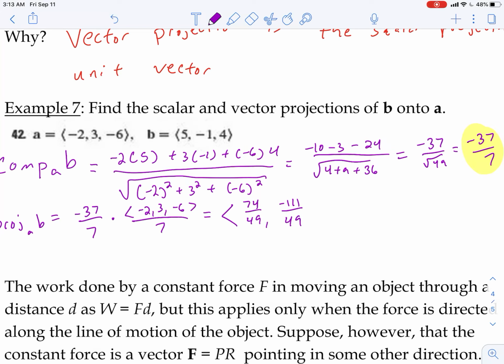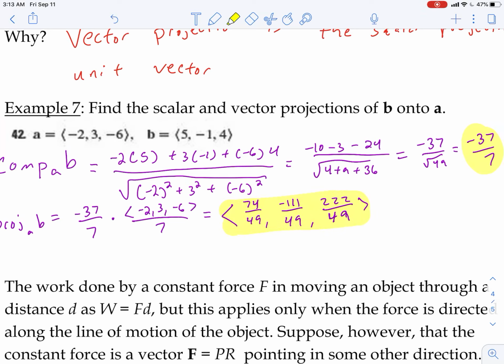Let me check that again. 3 times 7 is 21, 111, yes. And negative 37 times negative 6 is going to give us 222 over 49. And that is our vector projection.